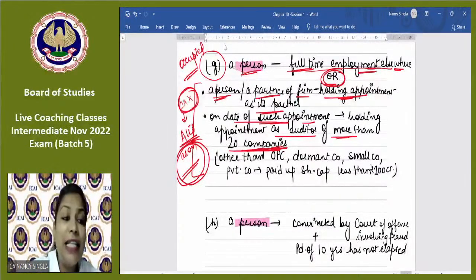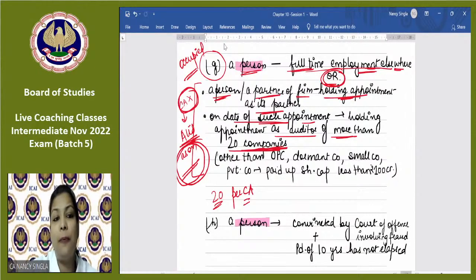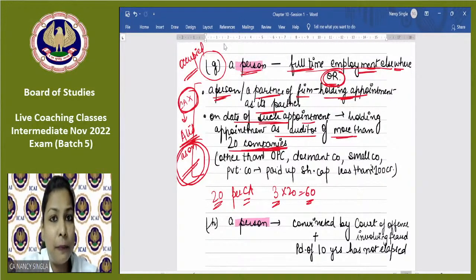Okay? And this limit of 20 is per CA, per auditor. So let's say if there is a CA firm having 3 partners, in total 60 statutory audits can be taken. Because when a person is a chartered accountant, he is the statutory auditor of a company. So a limit has been set, because quality of work is needed. So the limit of 20 has been set, that do not take more work than this.